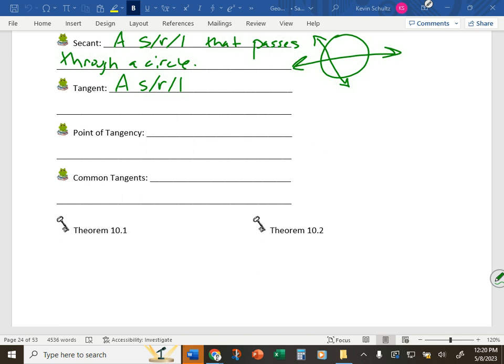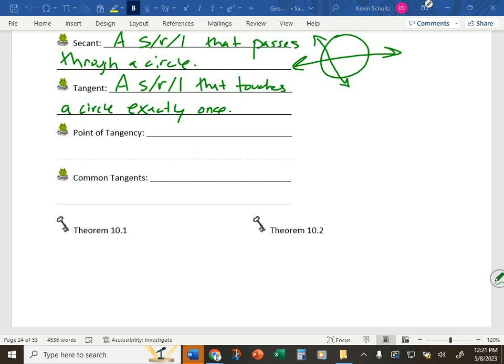A tangent is a segment, ray, or line that touches a circle exactly once.